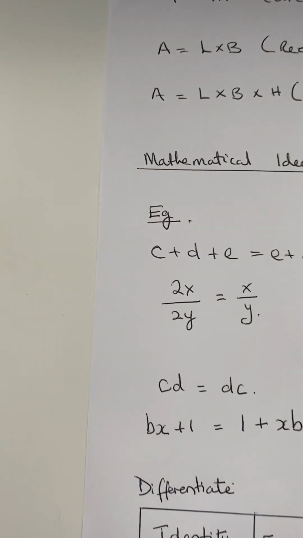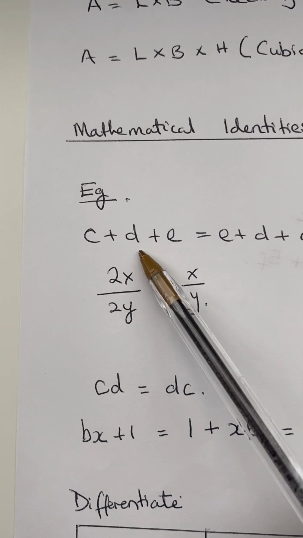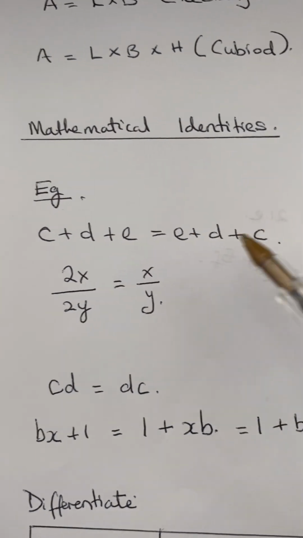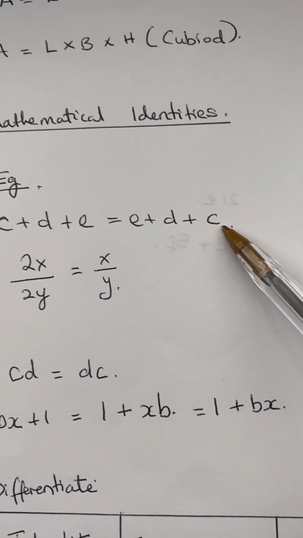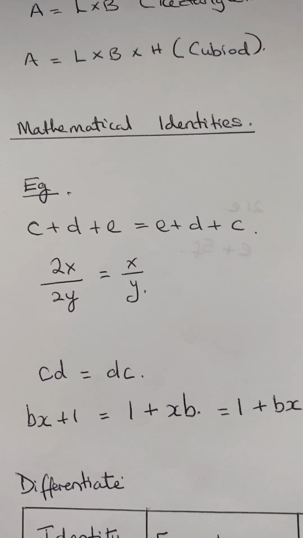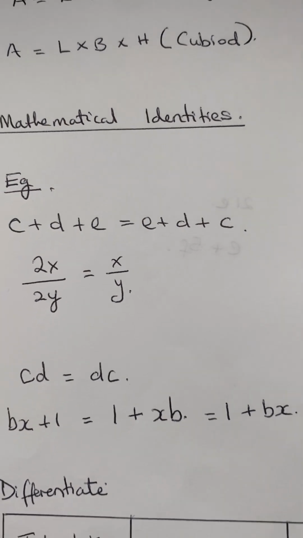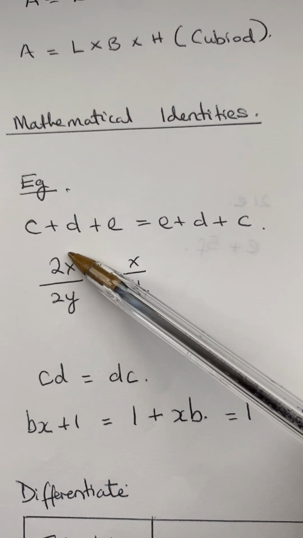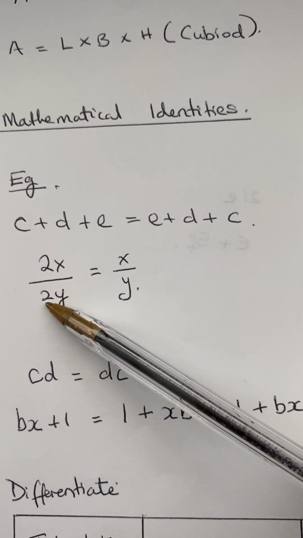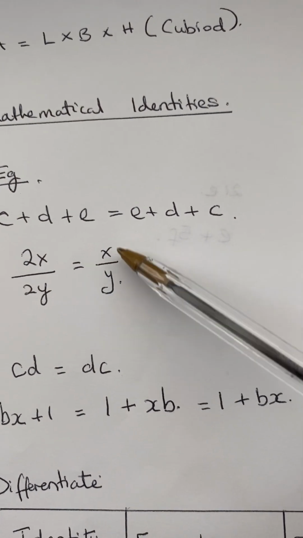Now these are identical, they are the same. So c plus d plus e equals e plus d plus c. They are the same, it's just that they've moved positions. 2x over 2y: when you take the 2 off, you have x over y.